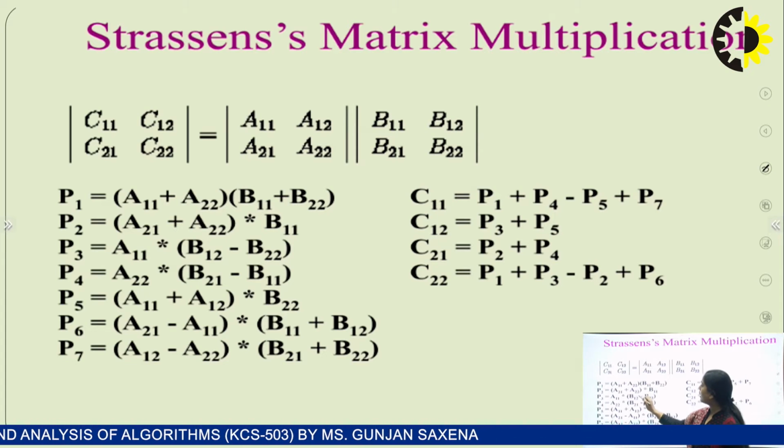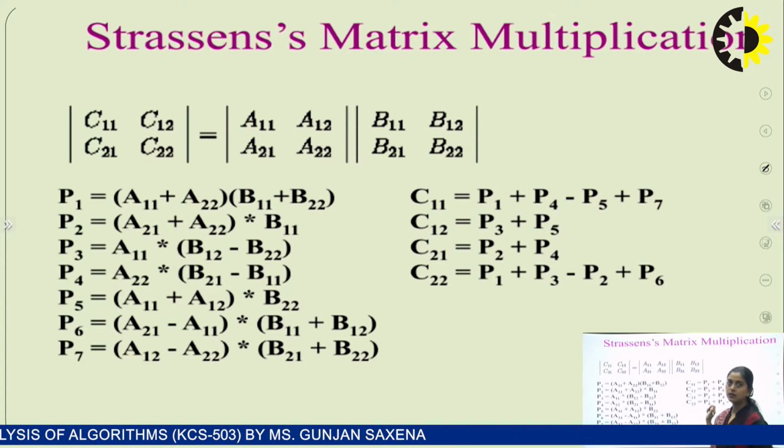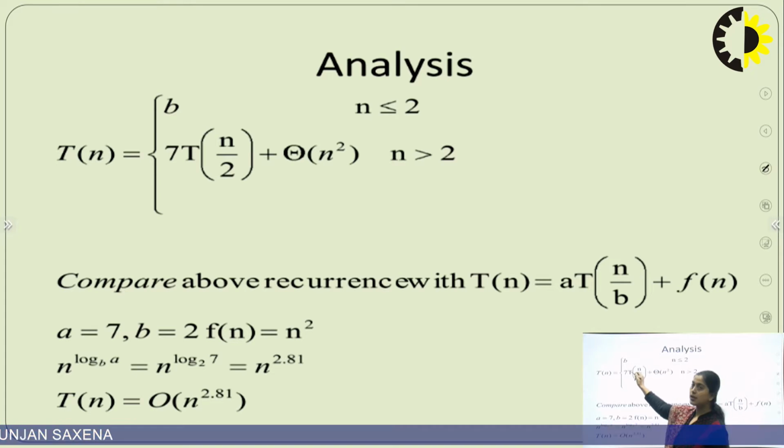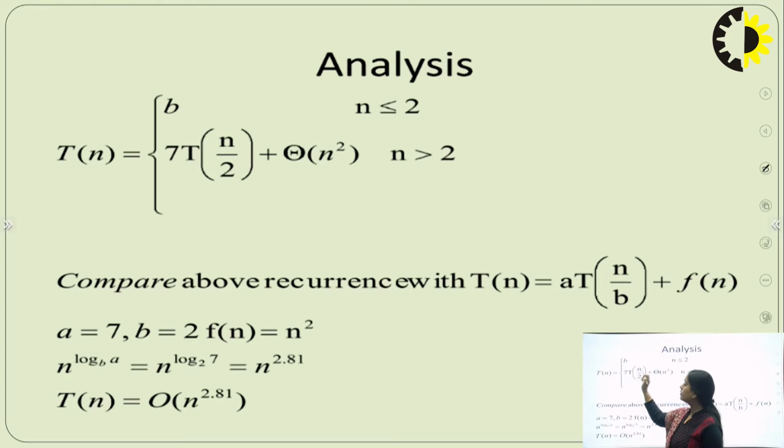And if you calculate the plus and minus, there are 18 plus and minus operations. So the analysis of Strassen's matrix multiplication is that there are 7 multipliers, so the recurrence function is T(n) = 7T(n/2) + n square for the plus and minus operations.